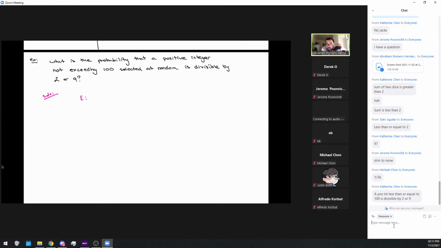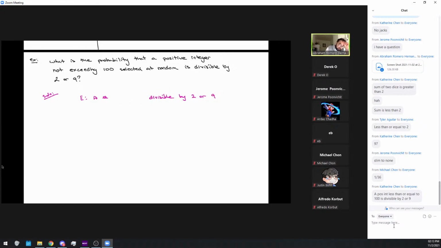A positive integer less than or equal to 100 is divisible by 2 or 9. Right. Or to put it simply, a number divisible by 2 or 9. I should probably be more specific than that.